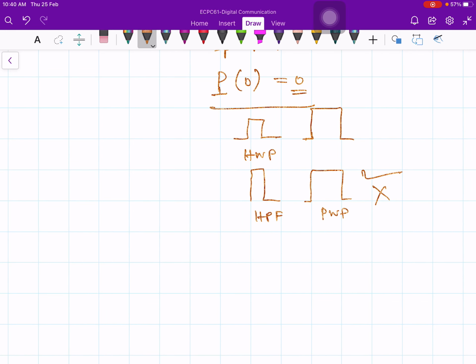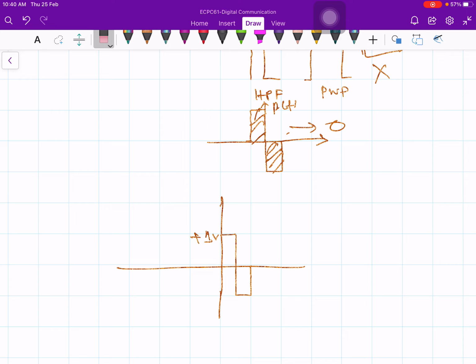Okay, and this is my P of t. Let me draw it nicely. Okay, you transmit the pulse like this. This is, let's say, plus 1 volt. Minus 1 volt. This is my P of t. You design a pulse like this, then the DC null is very explicit.